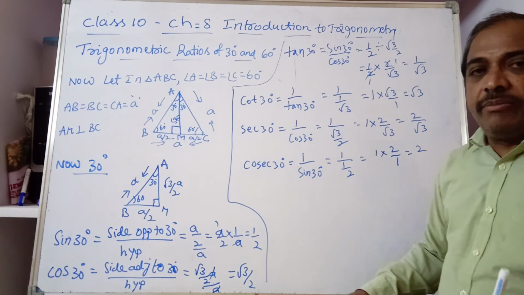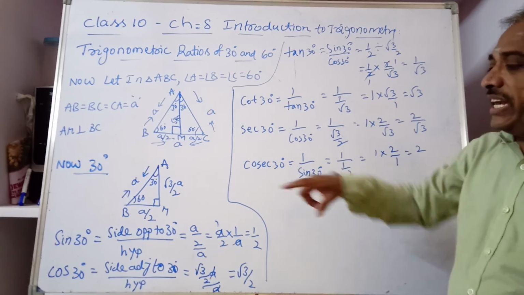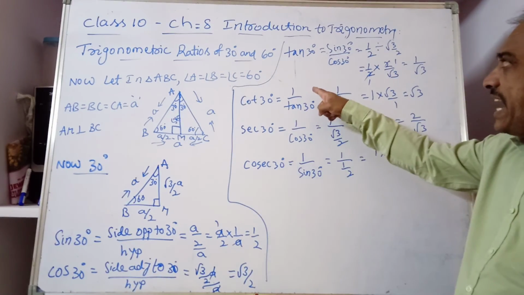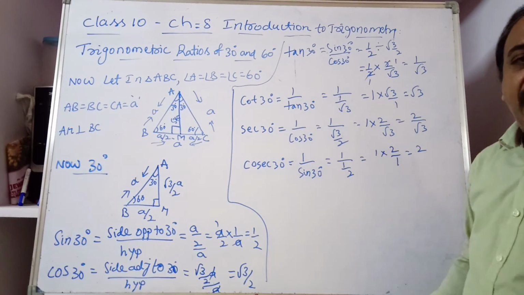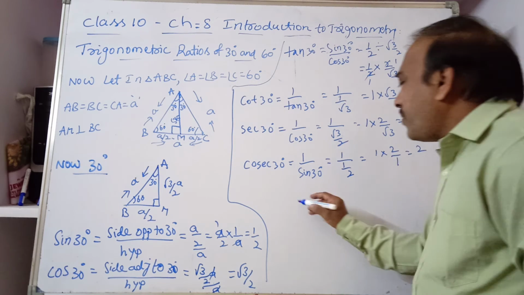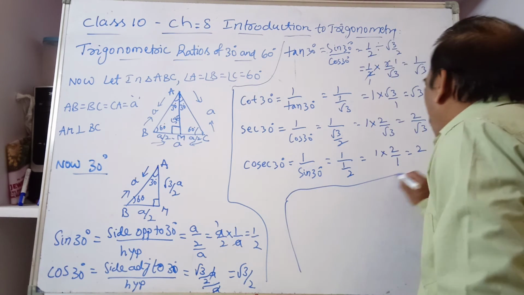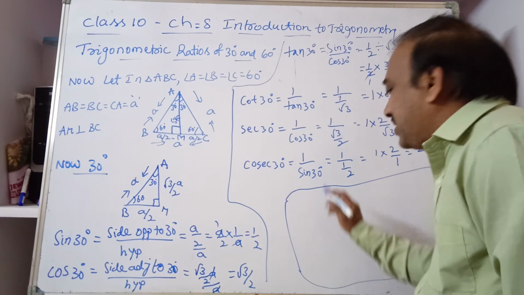Now we got all the trigonometric ratios of 30 degrees: sin 30, cos 30, tan, cot, secant and cosecant. So finally we conclude all the trigonometric ratio values of 30 degrees.